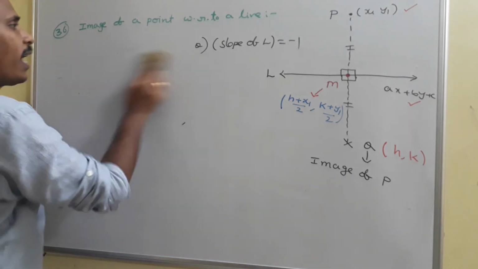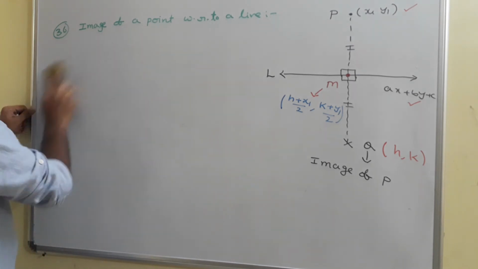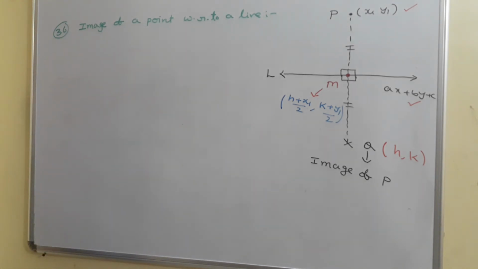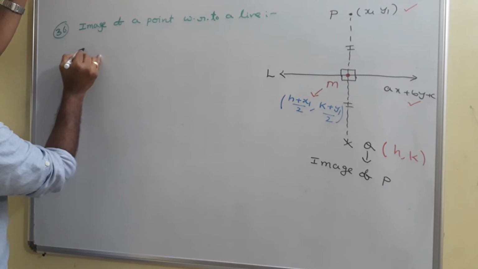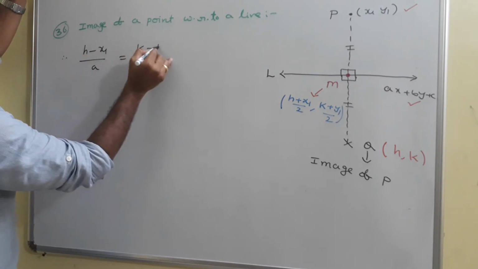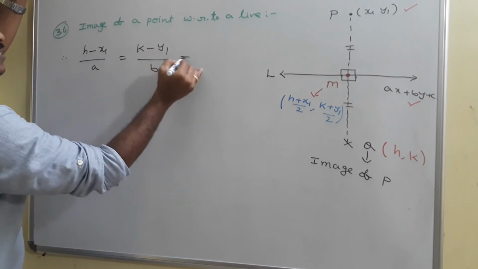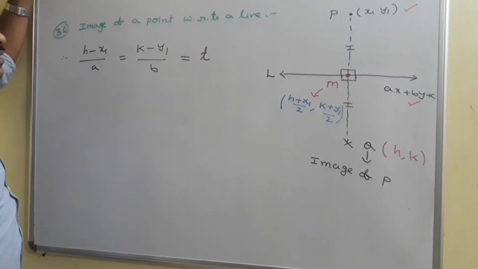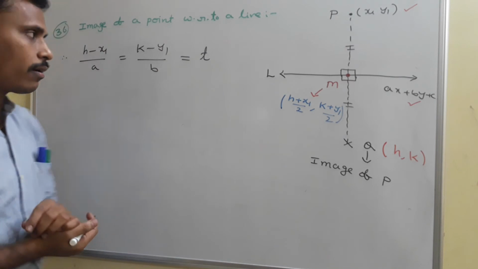At the end, since PQ is perpendicular to the line L, we have (h minus x1)/a is equal to (k minus y1)/b, and since these two are equal, again take it as some t.